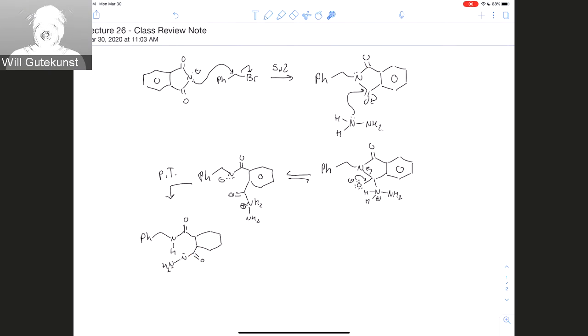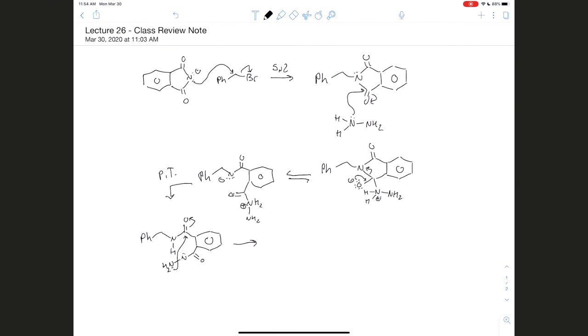And this will be able to do an intramolecular reaction. It will attack this carbonyl. This makes a 6-membered ring.